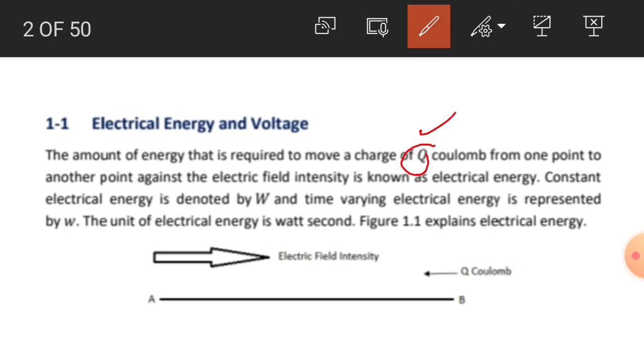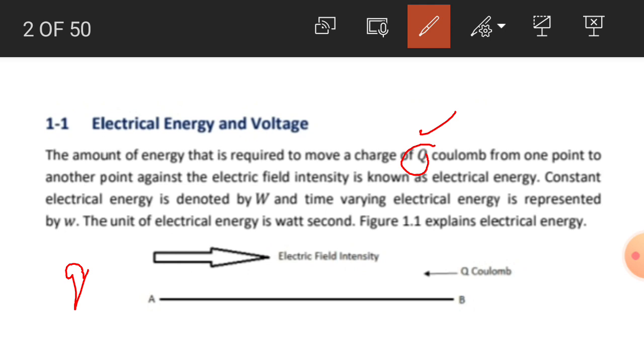You see Q in this particular topic is represented by capital Q. The time constant electrical quantities will be represented by capital letters. So you see here we represent the charge by capital Q. It means that the magnitude of this charge is not changing with respect to time. If it is changing with respect to time, we will represent it by small q.